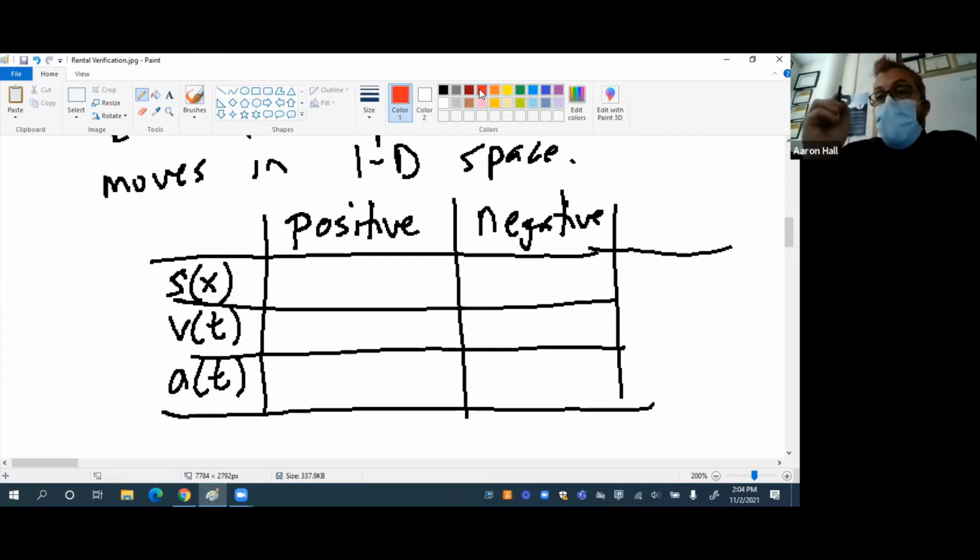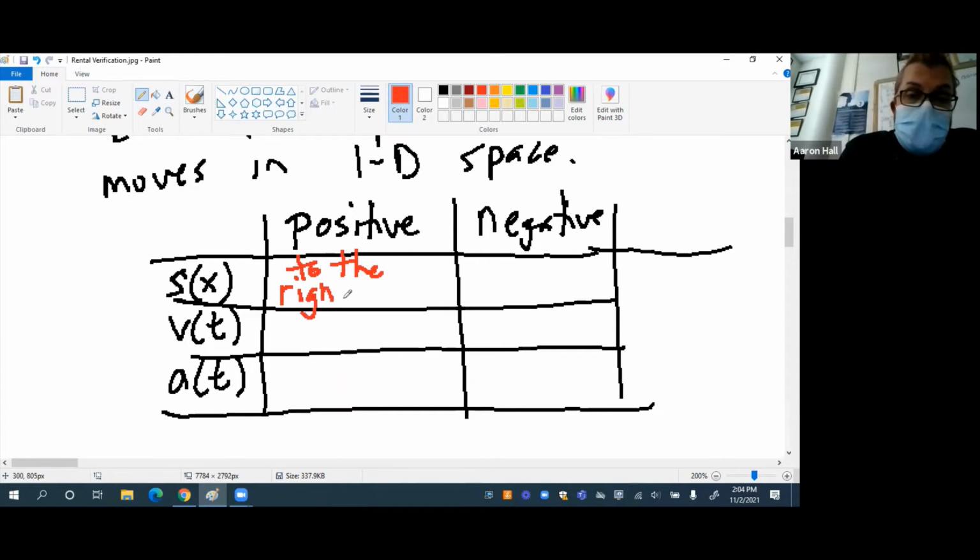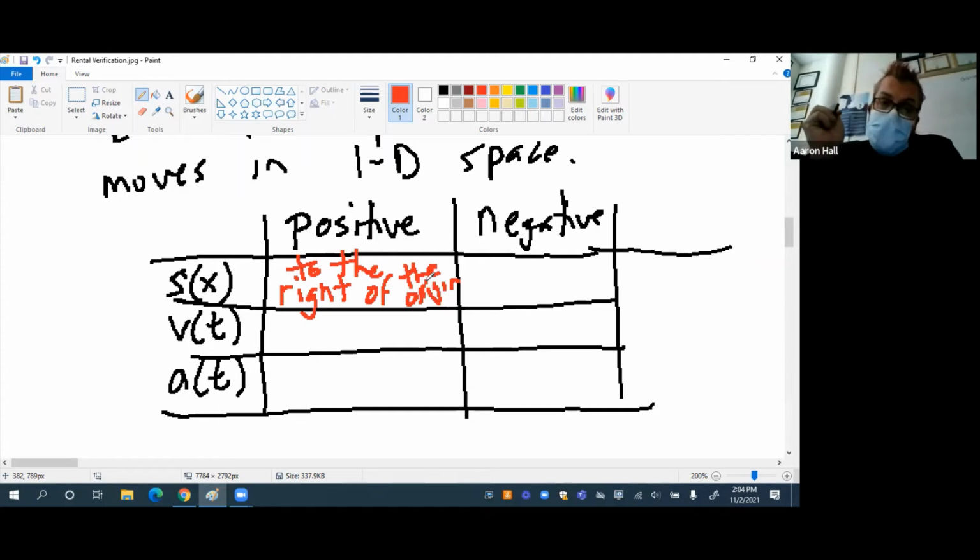If it's a positive 2, I'm 2 units to the right of the origin. So a negative position would be what? To the left.